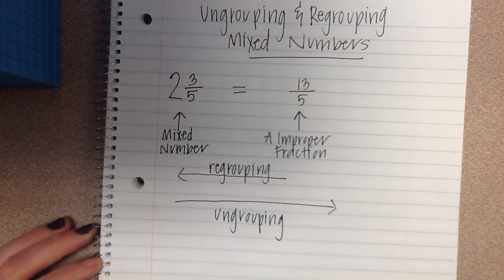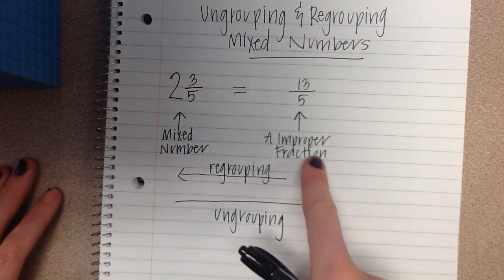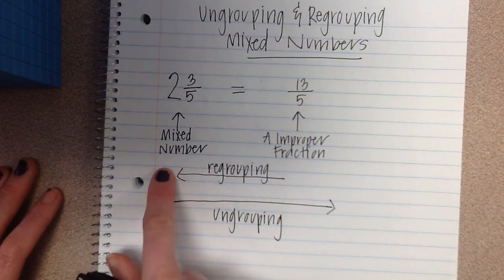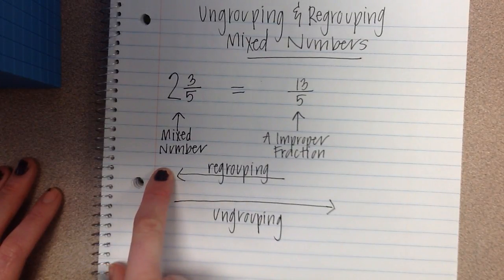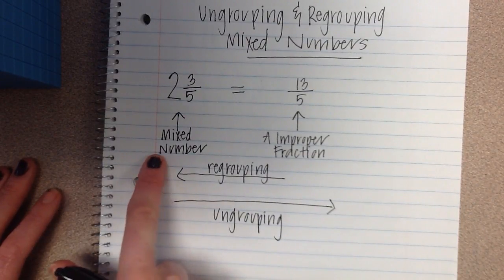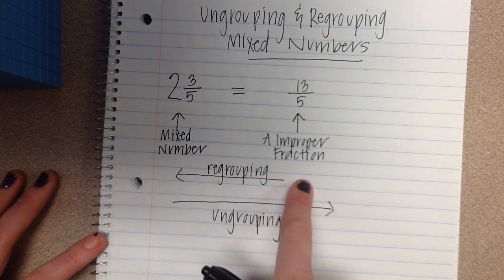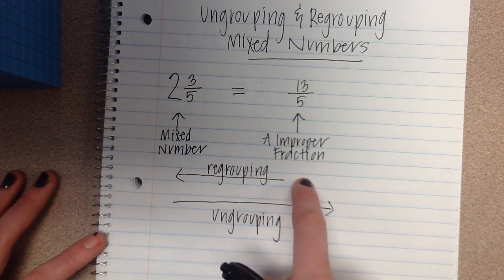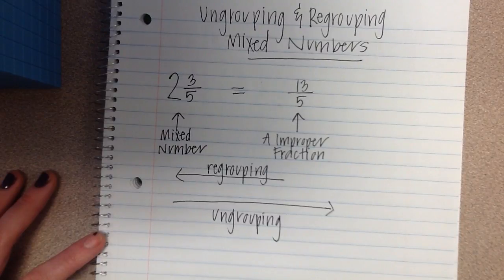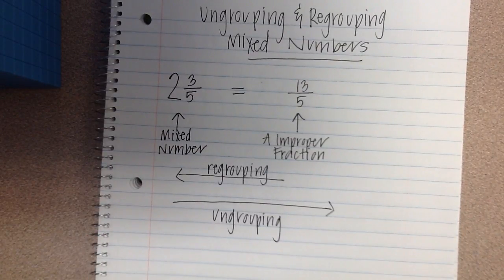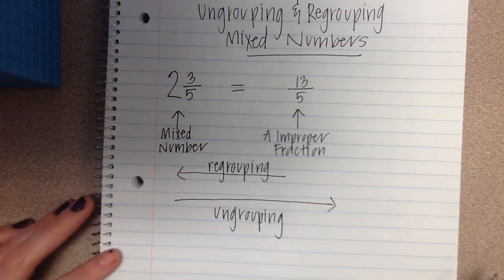Okay? So, when we go from an improper fraction to a mixed number, we are regrouping. I'm going to teach you the steps on how to do it. It's pretty simple. Some of you might already see what happens.